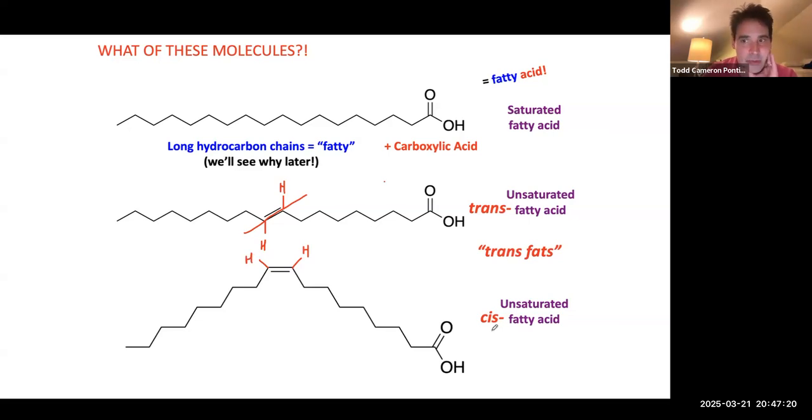And cis fatty acids are actually what you find in all natural plant oils. Trans fats are what you find in partially hydrogenated oils. Saturated fatty acids are what you find in butter, for example. So this is actually stearic acid, which is the primary component of butter. Cool.